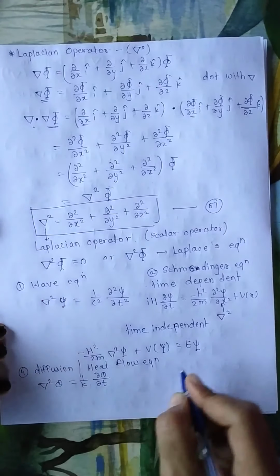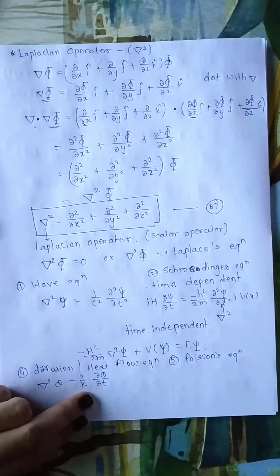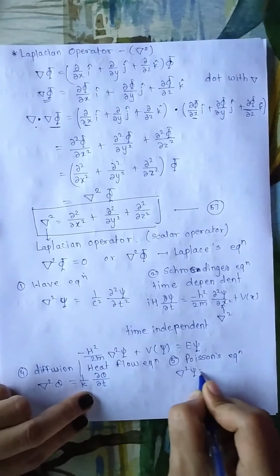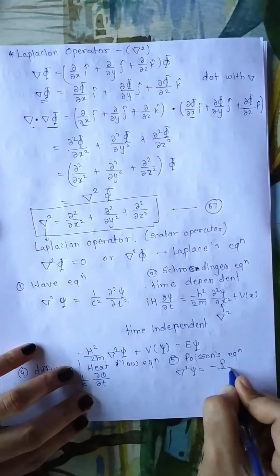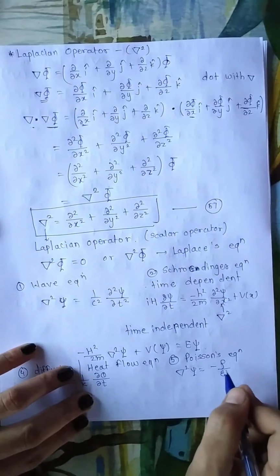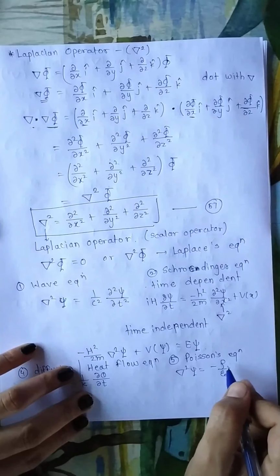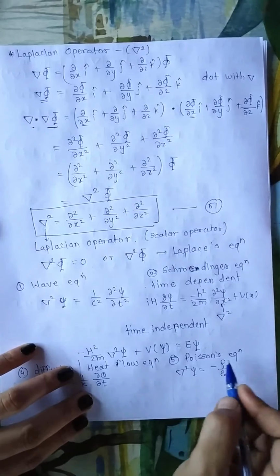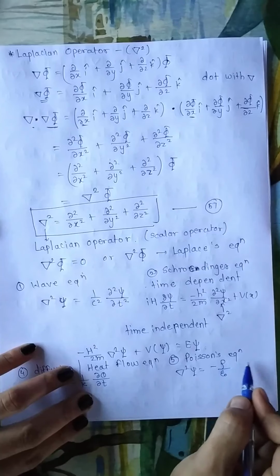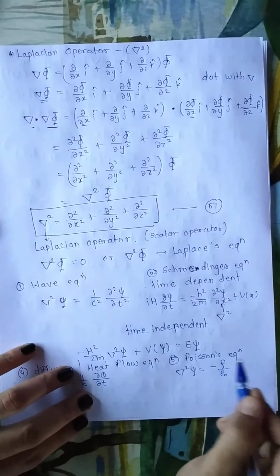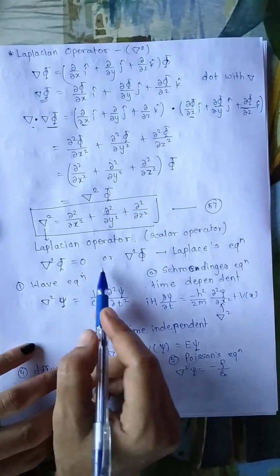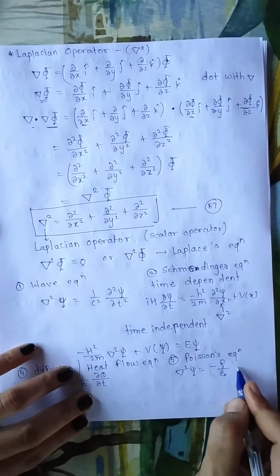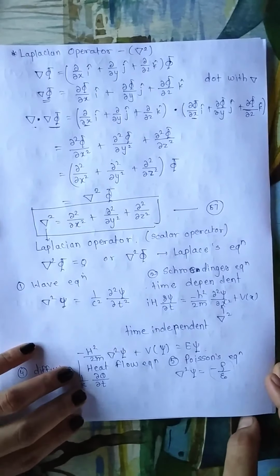Then the next equation is known as Poisson's equation, which is given by del square psi equals minus rho upon epsilon 0, where rho is a function of coordinates and epsilon is a constant. So it is known as the Laplace equation in case of homogeneous, while Poisson's equation is non-homogeneous due to this term. Since in Laplace there is equal to 0, this is homogeneous, and due to this term this is non-homogeneous, therefore it is known as Poisson's equation.